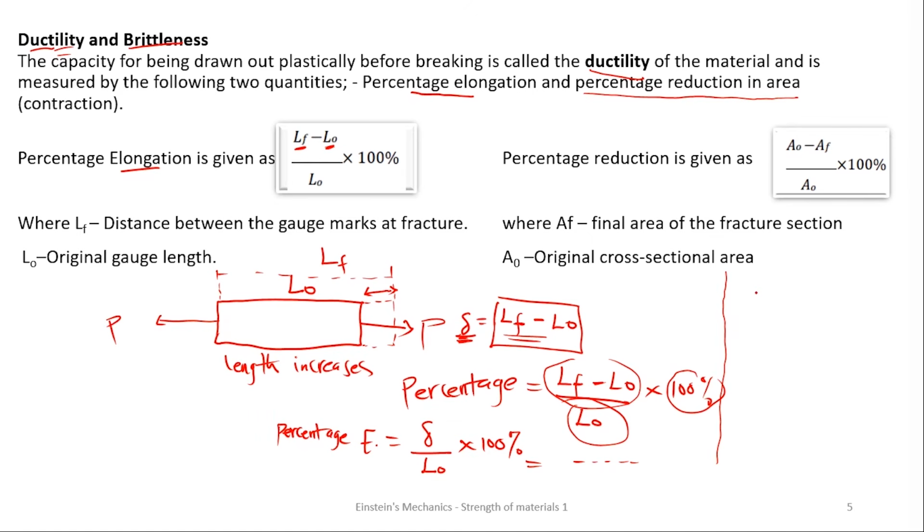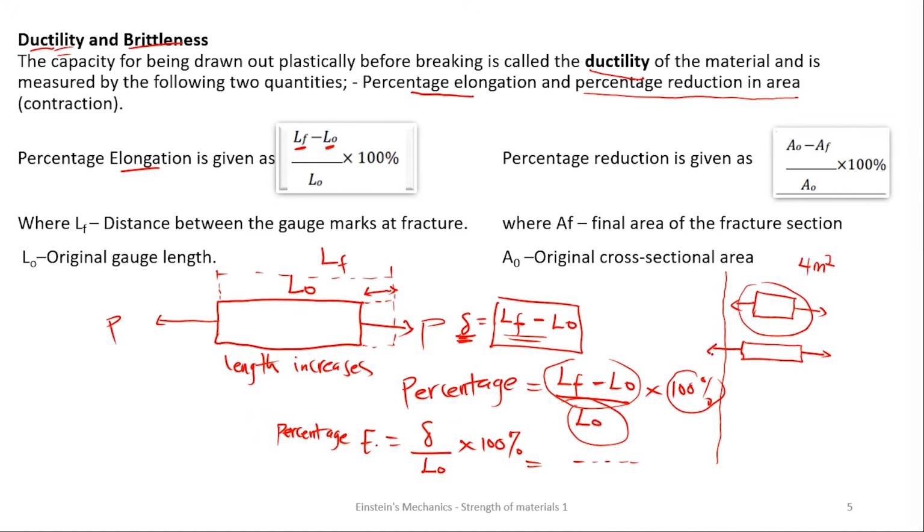Yes, look, if I have this and I'm trying to stretch it, initially the area was this, let's say 4 meter square. It was having its original area, and now I'm going to stretch it and it is going to gain a new length of this size.